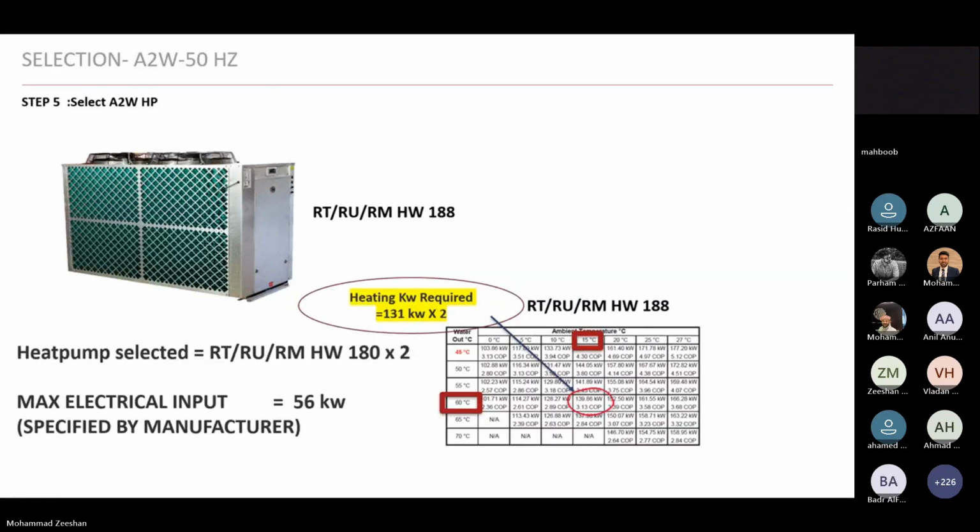Now, what most engineers need after selecting the heat pumps is the maximum electric consumption. This is something which needs to be calculated by the engineers whenever they are selecting the heat pumps.